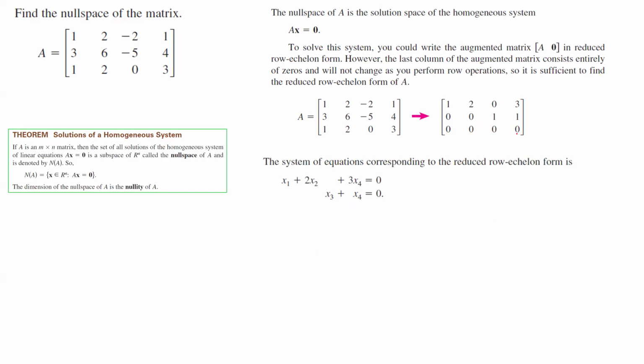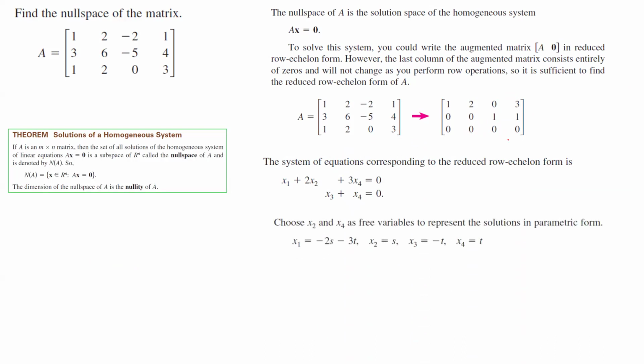Now, the system: 1 times x1 plus 2 times x2 plus 0 times x3 plus 3 times x4 is equal to 0. And from the second row, 0x1 plus 0x2 plus 1x3 plus 1x4 is equal to 0. And this is just the 0 row.